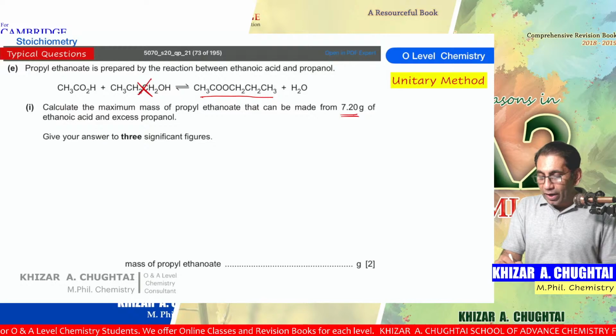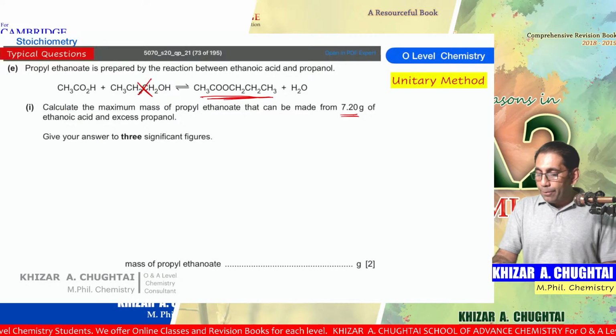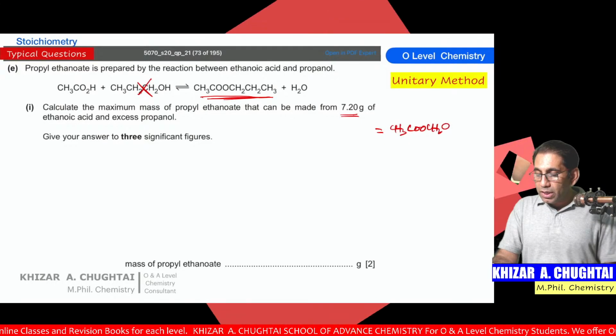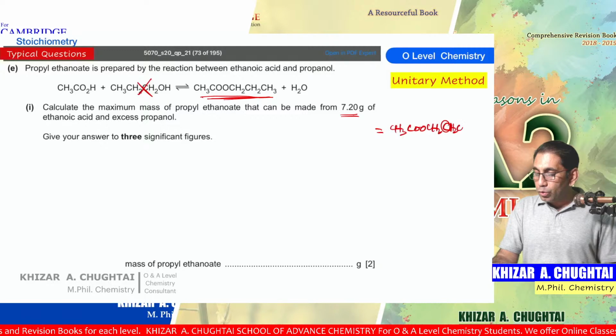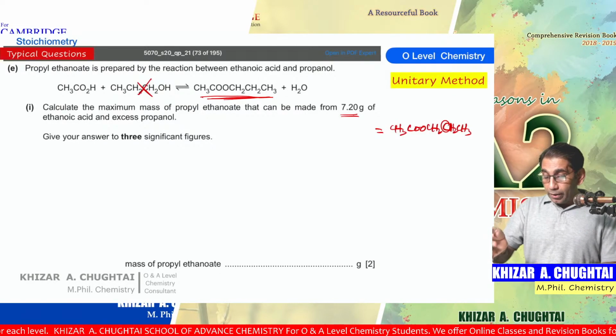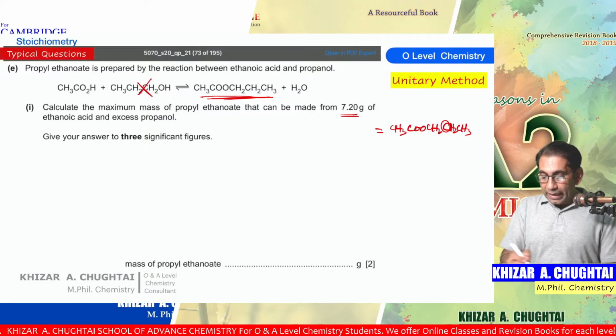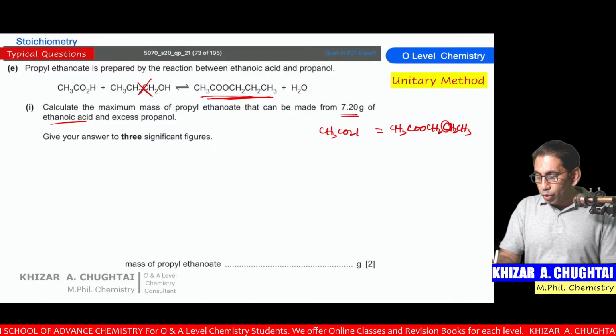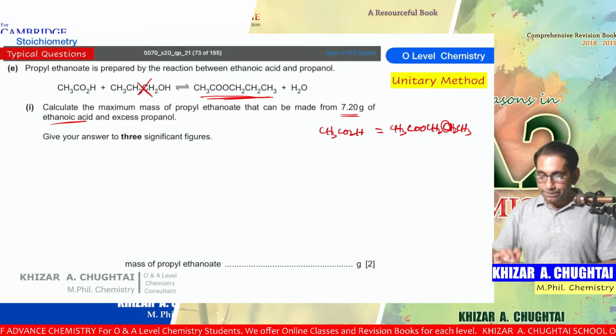This is what we are supposed to find. I am going to write CH3COOCH2CH3 over here on the right hand side, and I am putting the given data, ethanoic acid, its formula is CH3CO2H, on the left hand side.